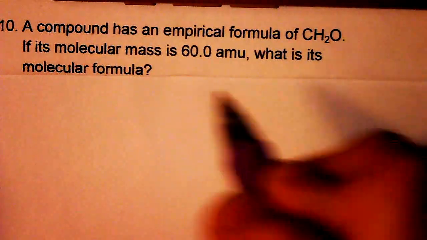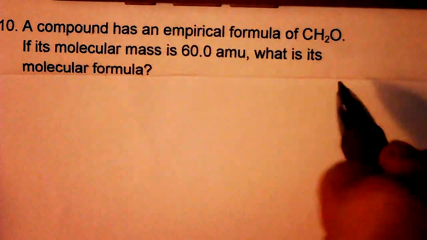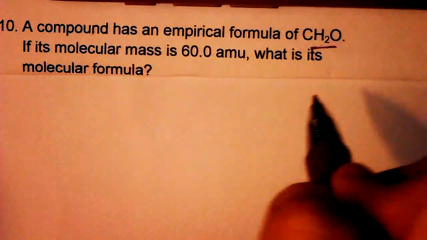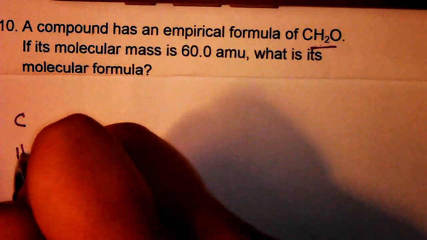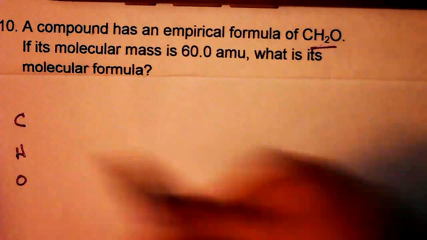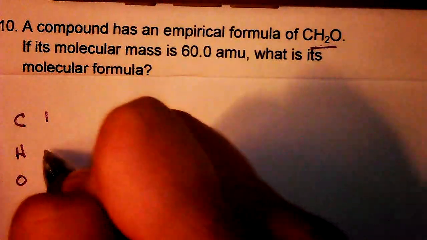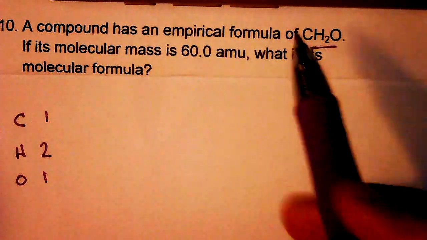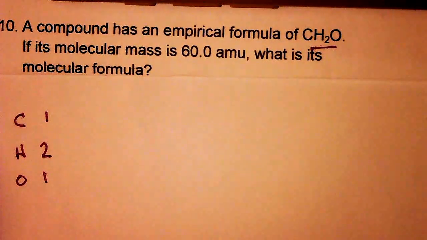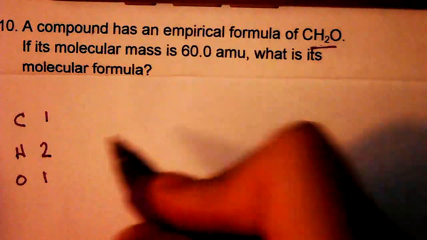All right, so what we're going to do is get our atomic mass of this little guy just like we do all the others. I'm going to put all of the symbols that I have here, and then I'm going to put the number of atoms in this empirical formula here.